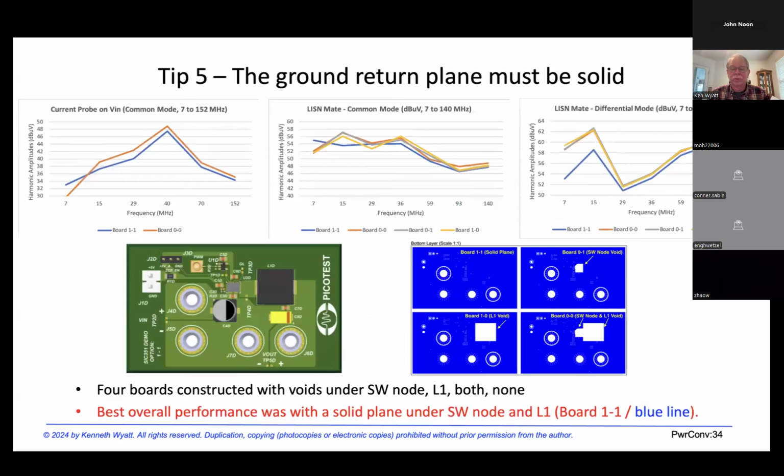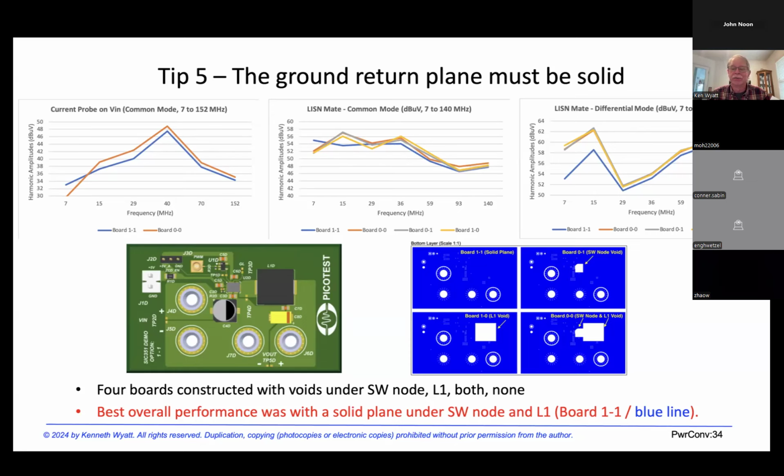So we got some questions on whether to put a void under the switch inductor or the switch node of a DC to DC converter, or voids under both. Steve Sandler and I co-authored an article for Signal Integrity Journal where we did a study.